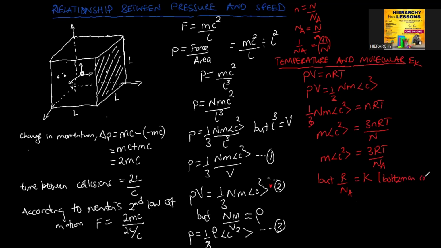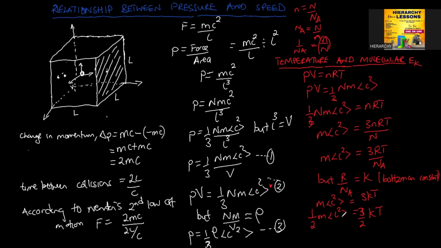So mc squared is equal to 3kT. Then we divide everything by 2, so half mc squared is equal to 3 over 2 kT.